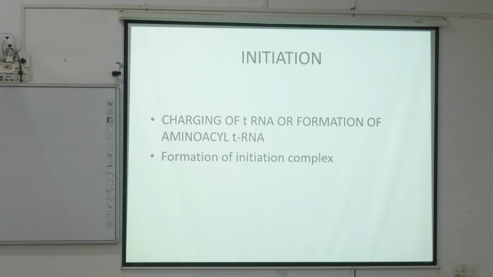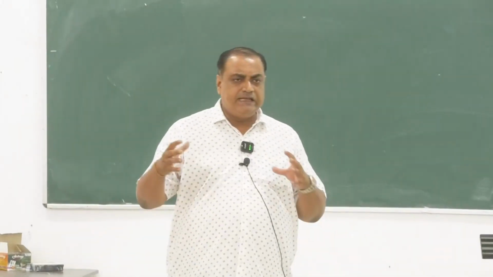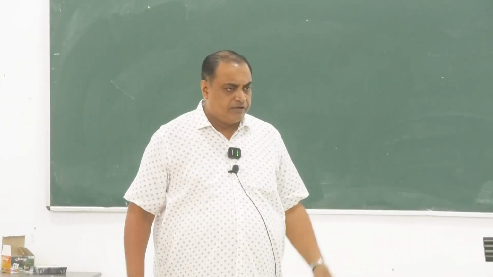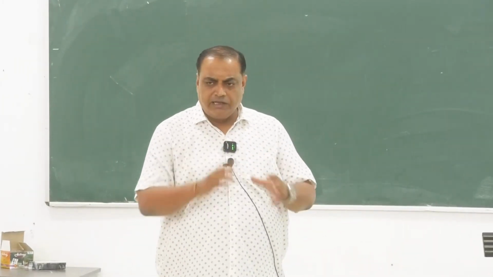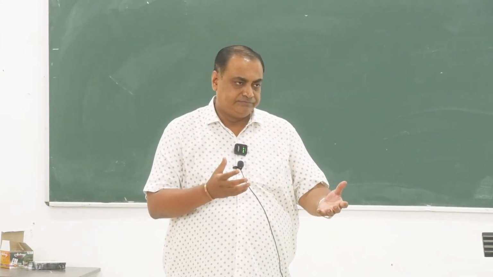So, the initiation part has two phases. One is activation of tRNA, or charging the tRNA with the amino acid. The second part is formation of the initiation complex, which means an association where these three things come together: the ribosome, mRNA, and tRNA with amino acid.